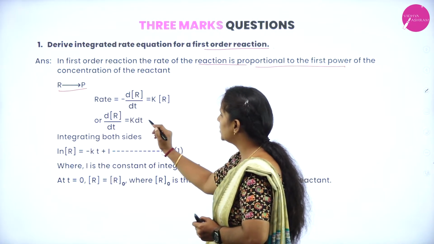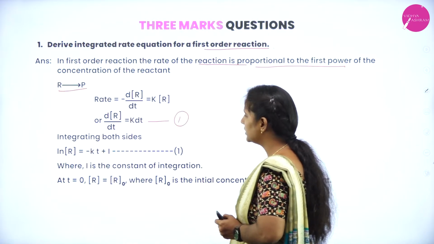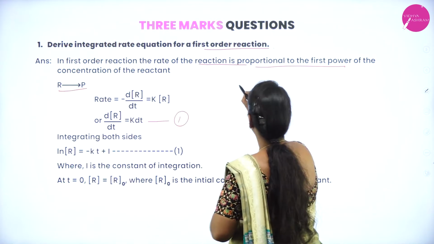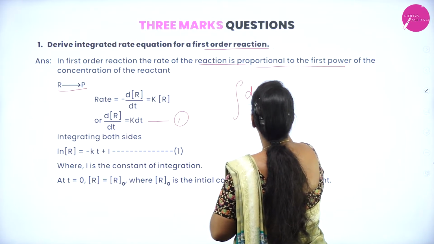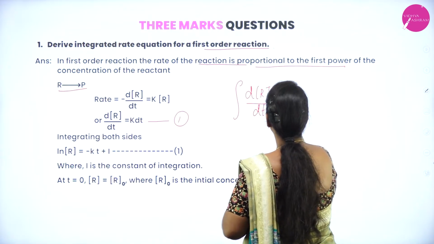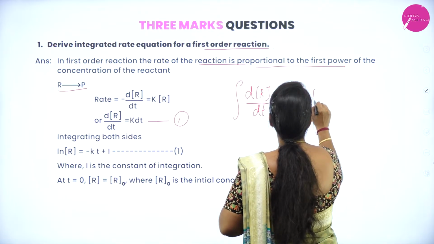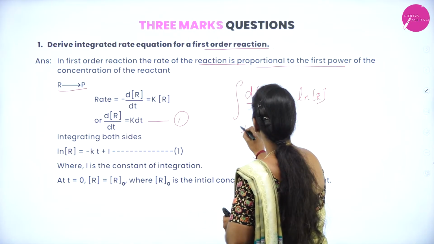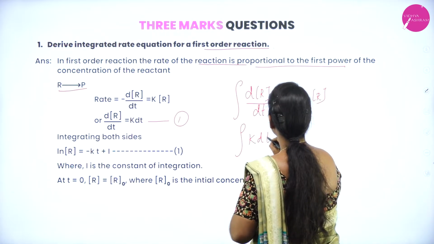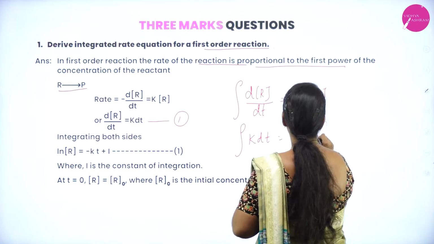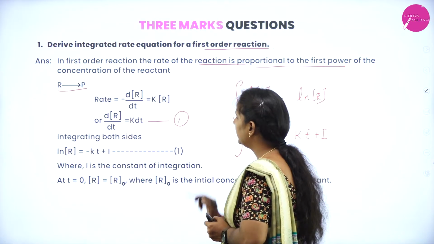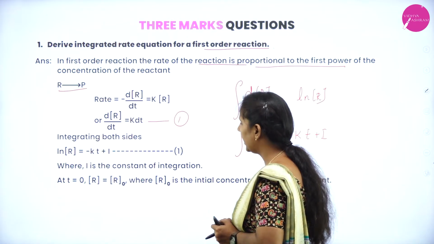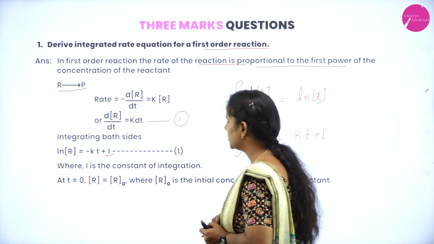Now for this equation 1, if you integrate on both sides, you will get ln of [R], because the integration of d[R] divided by [R] is nothing but ln of [R], and the integration of k dt is k into t plus I. So, integration on both sides, you will get ln [R] equal to minus k into t plus I. Here I represents the integration constant.